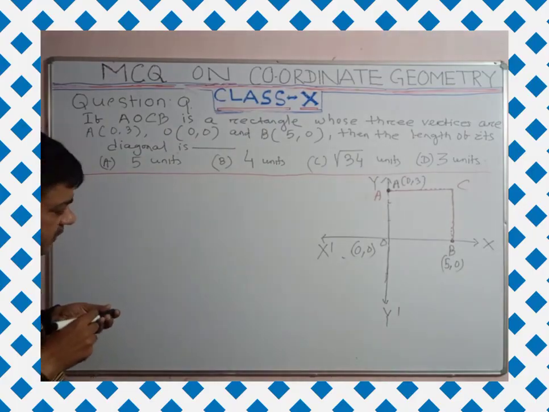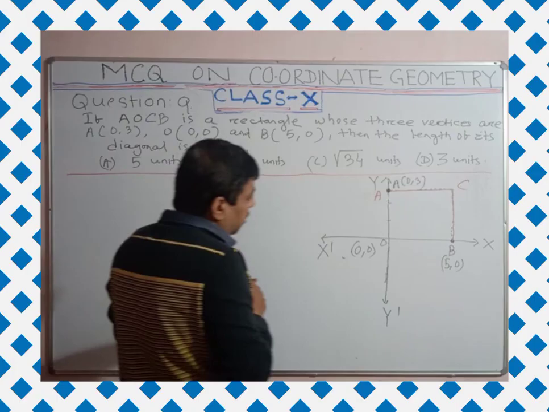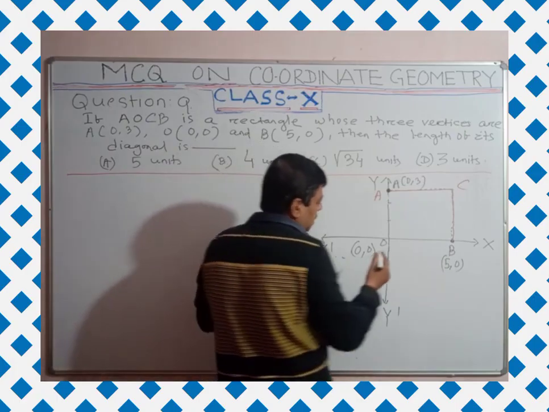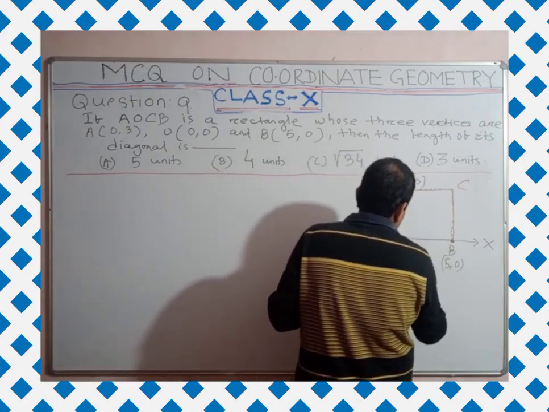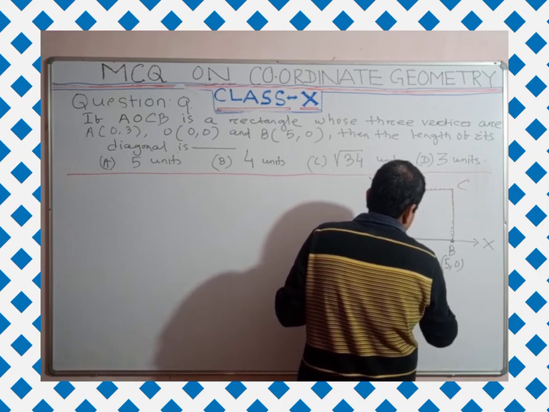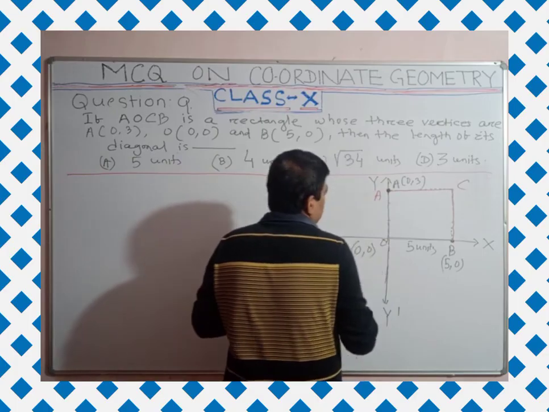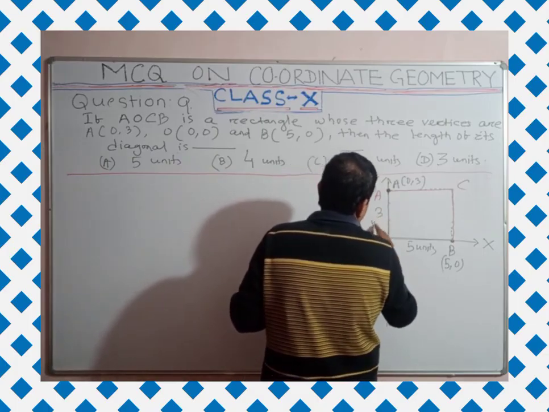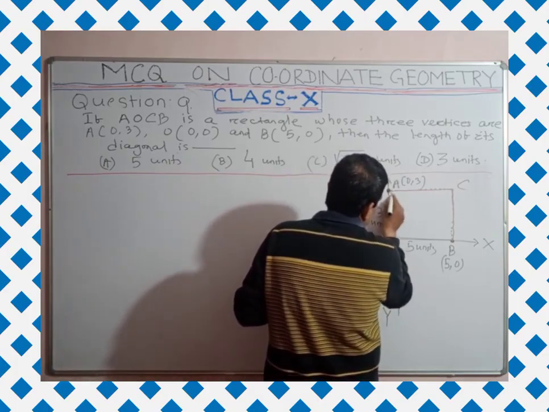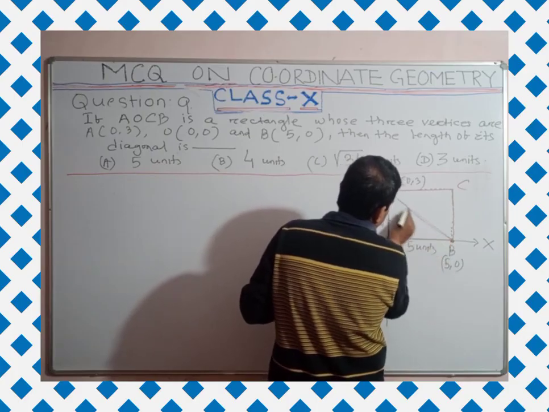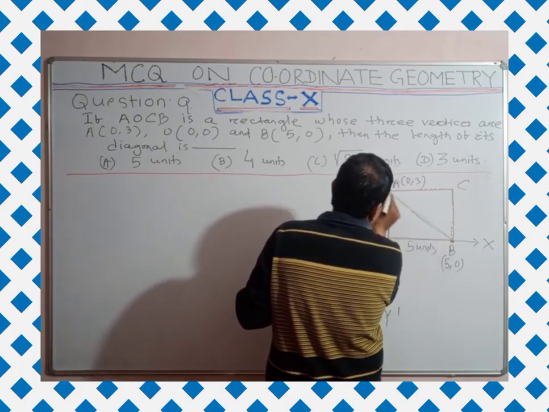Now you have to find the diagonal of the rectangle. Clearly, you see the length OB is 5 units and OA is 3 units. And this is the diagonal of the rectangle: AB is the diagonal.